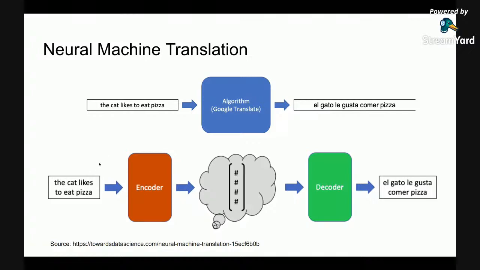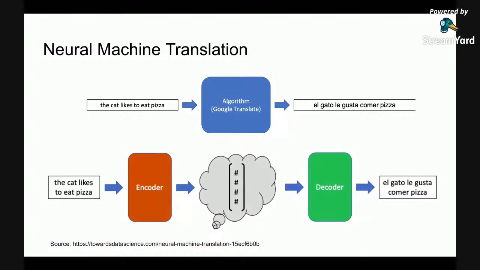After we encode these sentences using word embedding, then the encoder portion of the model takes the sentence in the input language and creates a thought vector from this sentence. As you can see, we convert this sentence to a vector called thought vector.